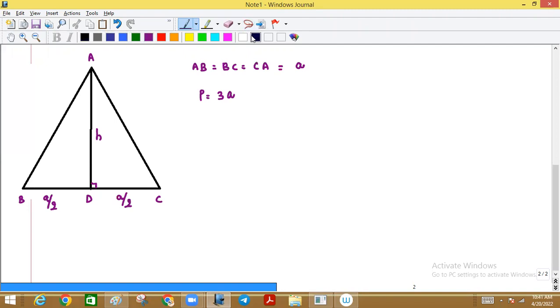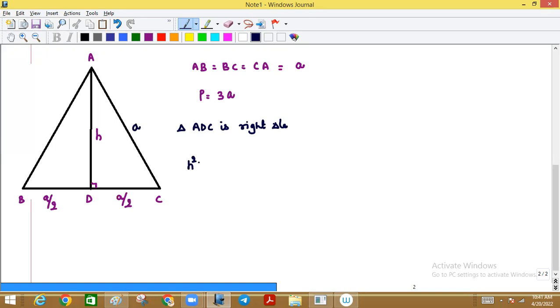So you can take triangle ADC. It is what kind of triangle? Right triangle. In right triangle, what do we know about Pythagoras rule?